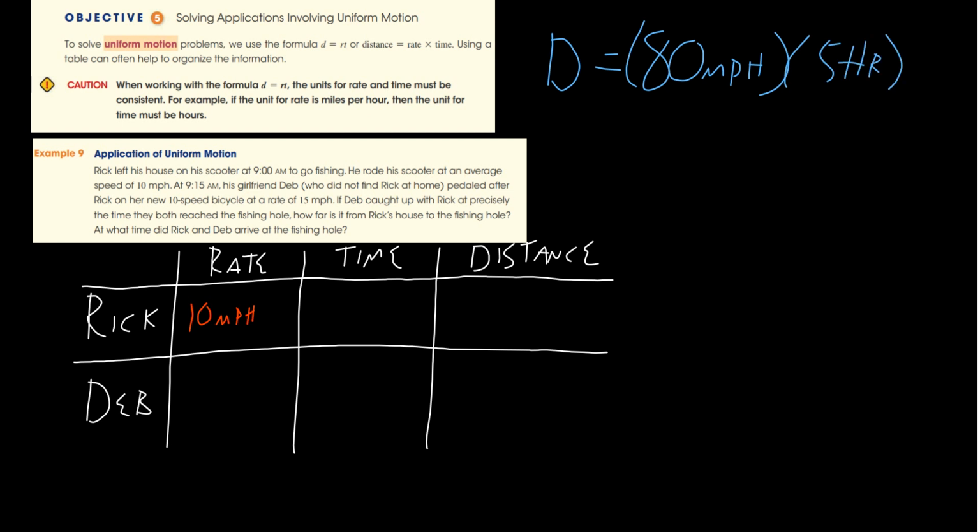What's your distance? Well, it's 80 times 5. 8 times 5 is 40, so 80 times 5 would be 400. So your distance would be 400 miles. Distance equals rate times time should be very intuitive to you, whether you know it or not.